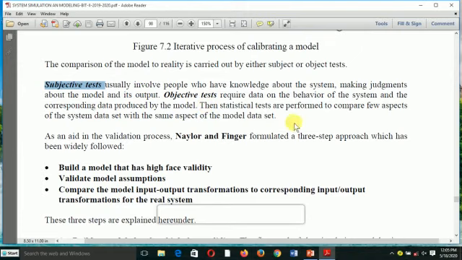Then statistical tests are performed to compare a few aspects of the system data set with the same aspect of the model data set. Here, statistical tests are used to compare some of the aspects of the system, not all, with the same aspects of the model.